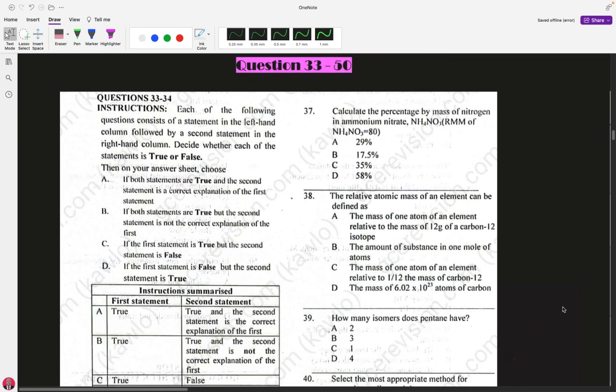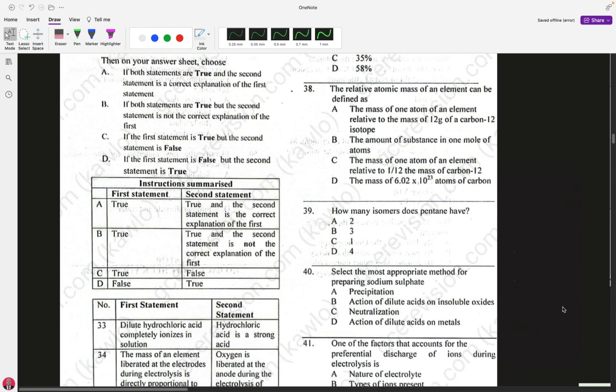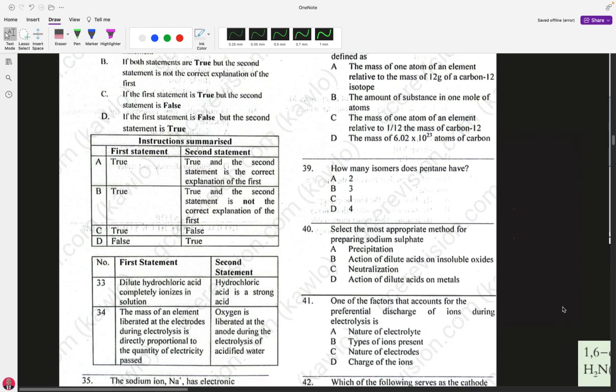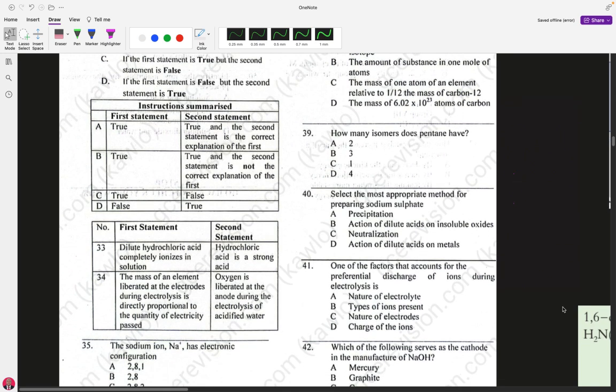That's how you will see it on your exam paper. You go through the explanation to see whether the second statement corresponds to the first, and then choose the right option. Let's go directly to the question.